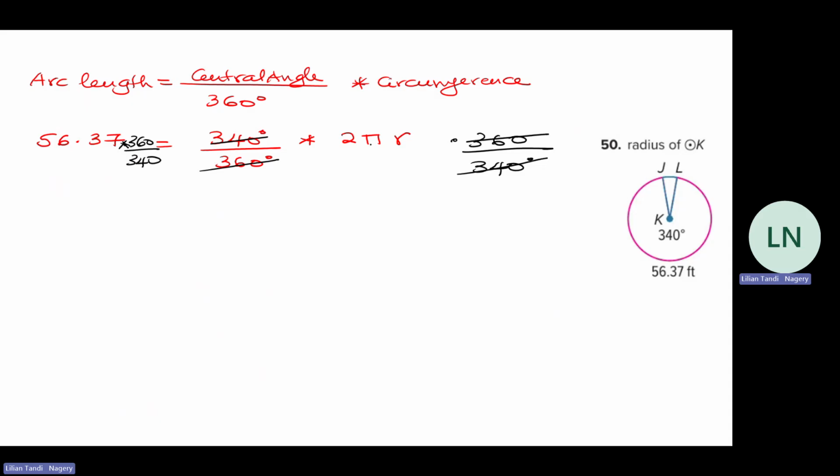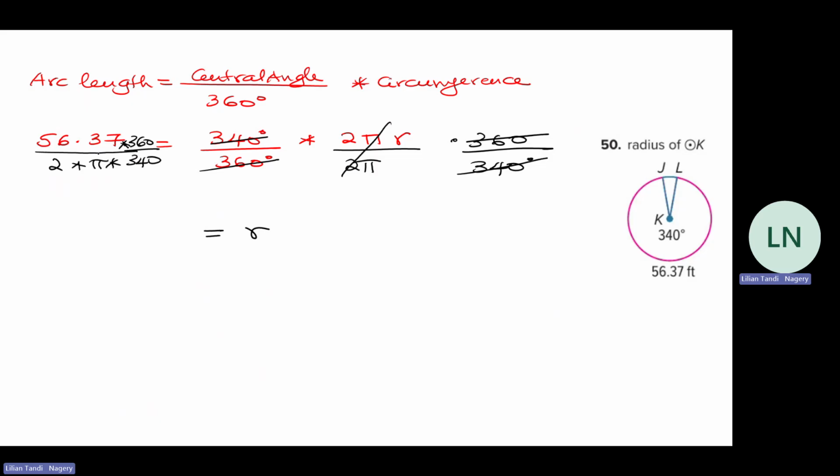But I want r, so 2 pi r also has to go. So if I divide here, I should also divide here by 2 pi. Okay, so this goes away. Now I'm left with radius.